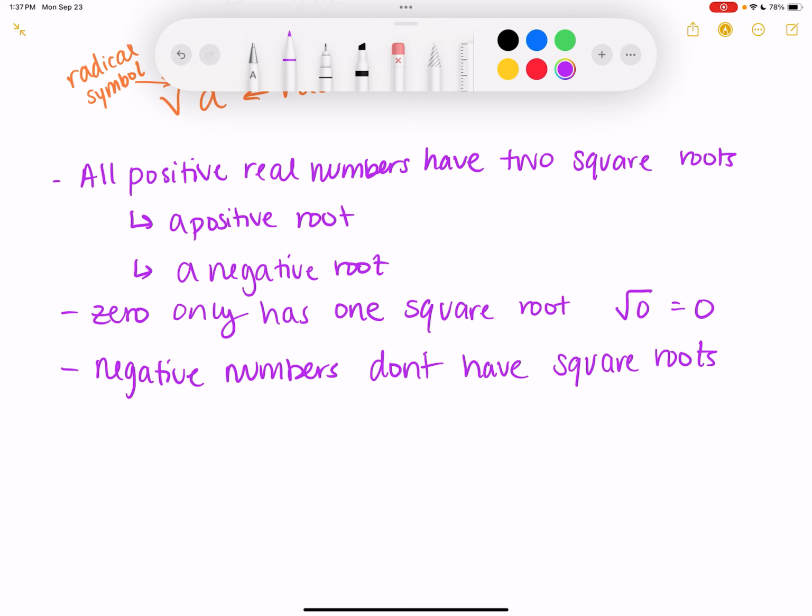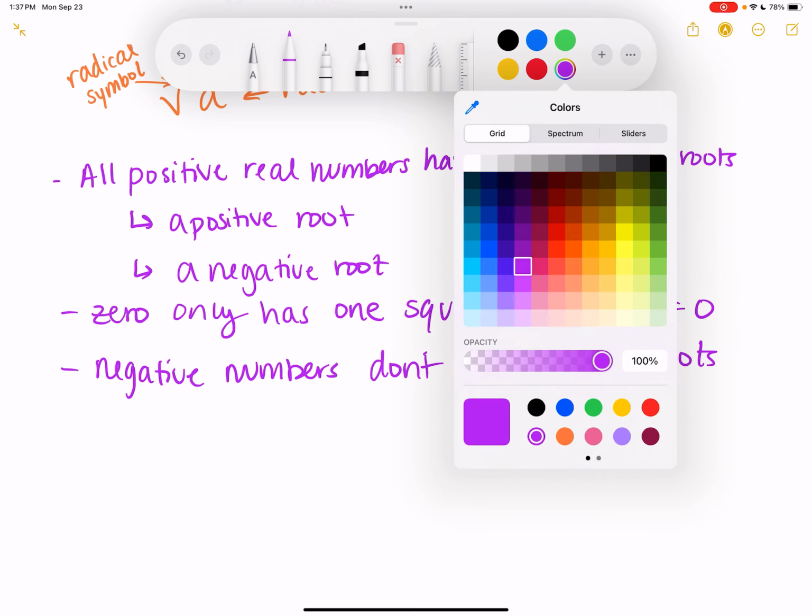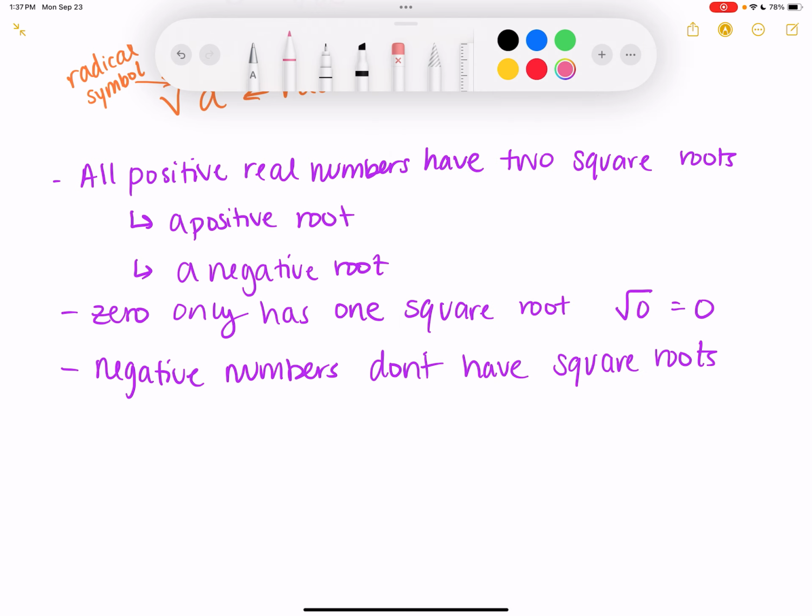We're gonna finish going through some note stuff and then I'll do some examples. A perfect square is the square of an integer.